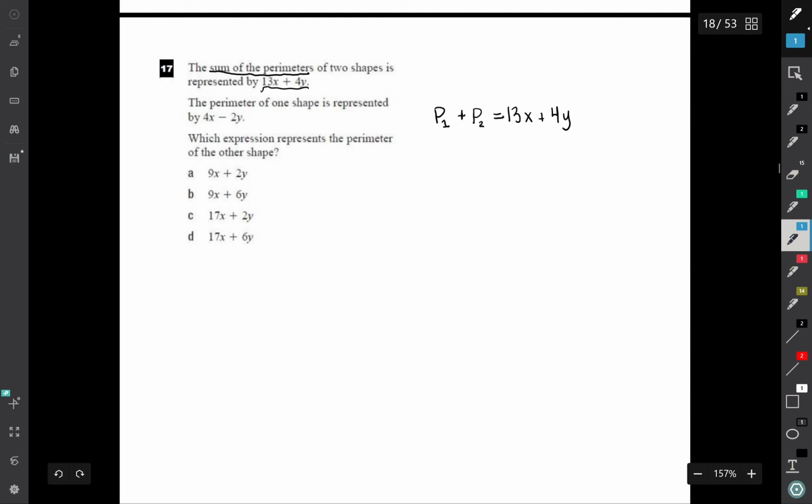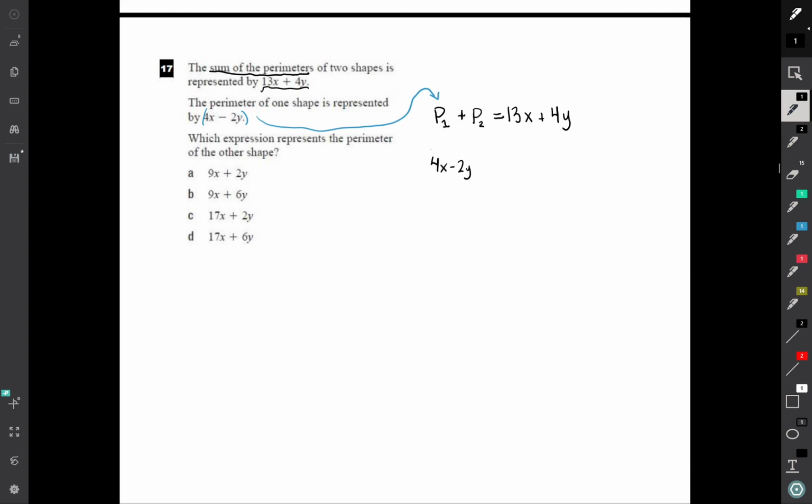So we just have to pick one of the perimeters to be equal to 4x minus 2y. I'm going to say that's the perimeter of my shape 1.